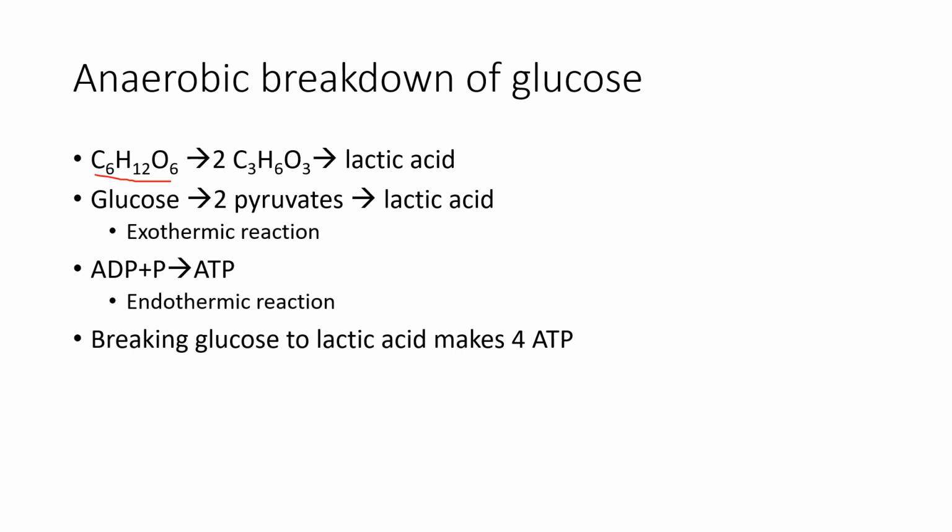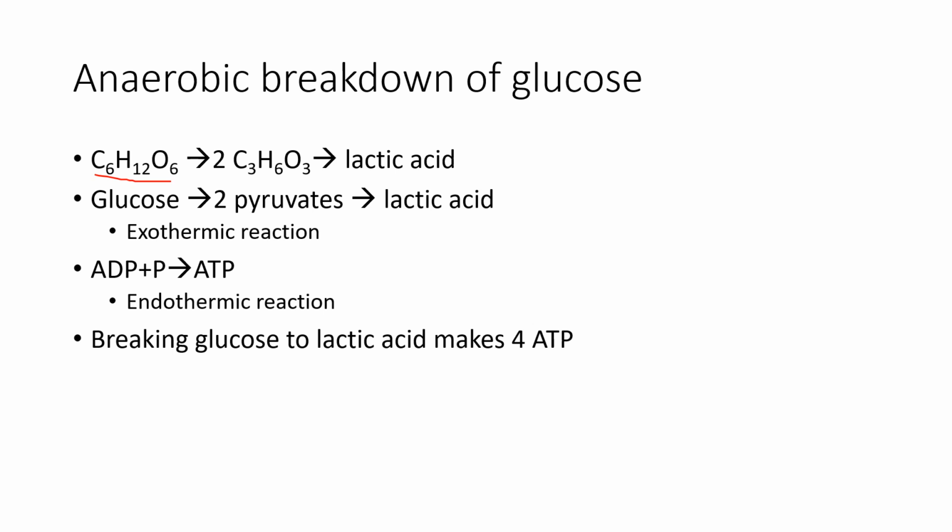If you release energy, we call it an exo, outside, thermic, heat reaction. So by breaking glucose into pyruvate and then adding hydrogens to it, we get exothermic reactions. We can take that exothermic reaction to run endothermic reactions, reactions that require energy to go into them. And the reactions that require energy to go in are going to build bonds.